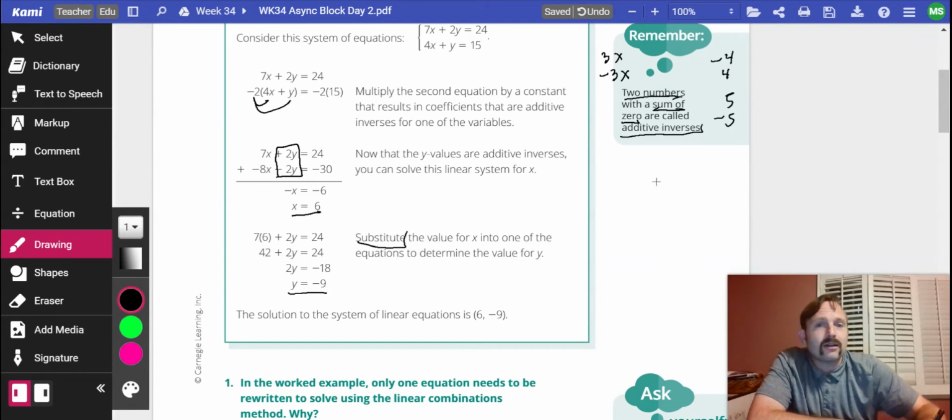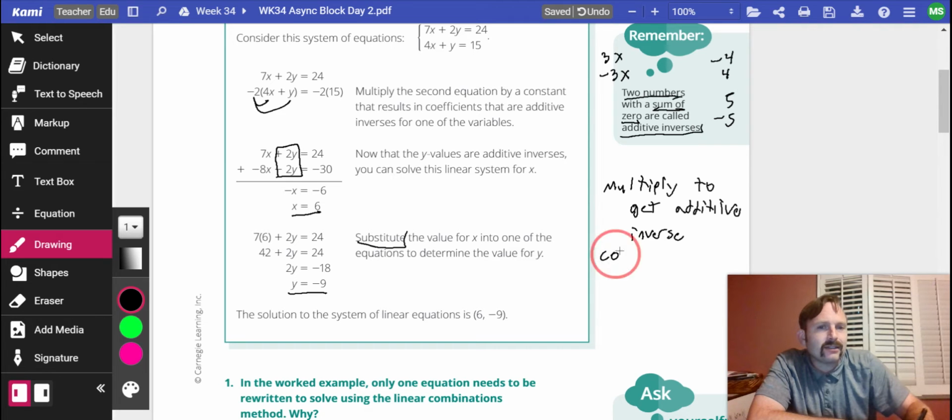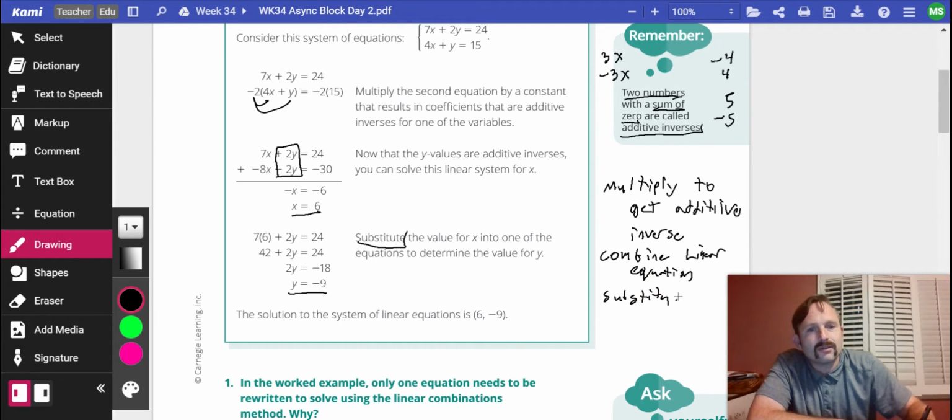So the steps: we multiply to get additive inverses, then combine the linear equations, and then finally we substitute variable values.